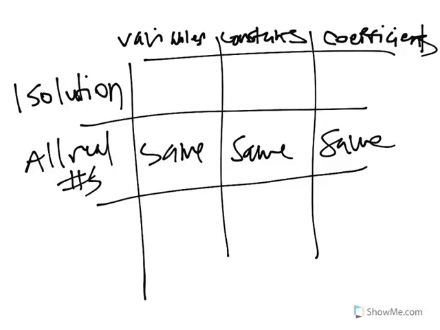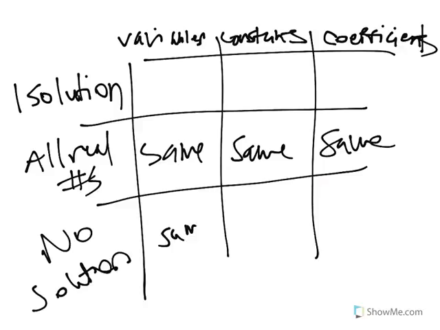Okay, if the solution is no solution, the variables and the coefficients are the same, but the constants are different, okay? And if the solution is just one value, just one solution, the variables, coefficients, and constants are all different.